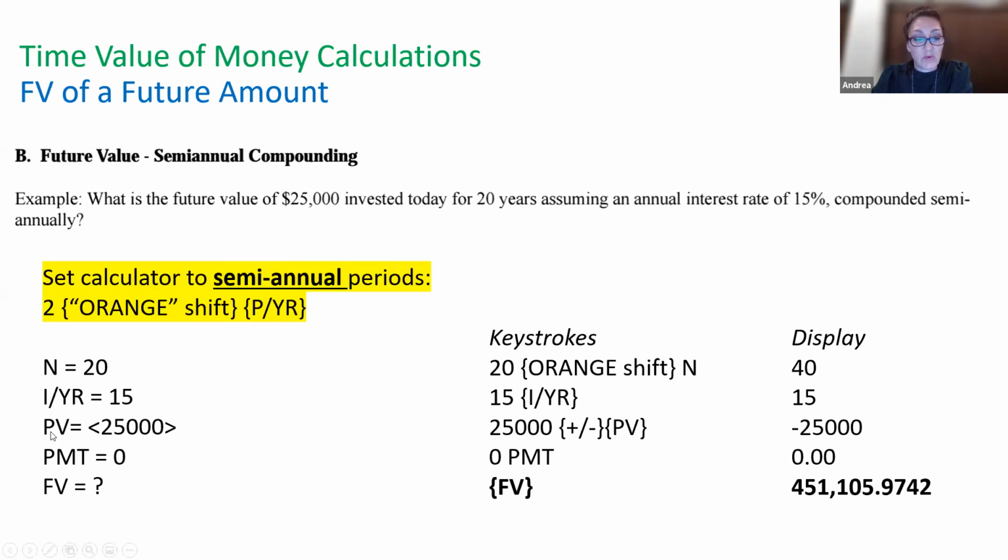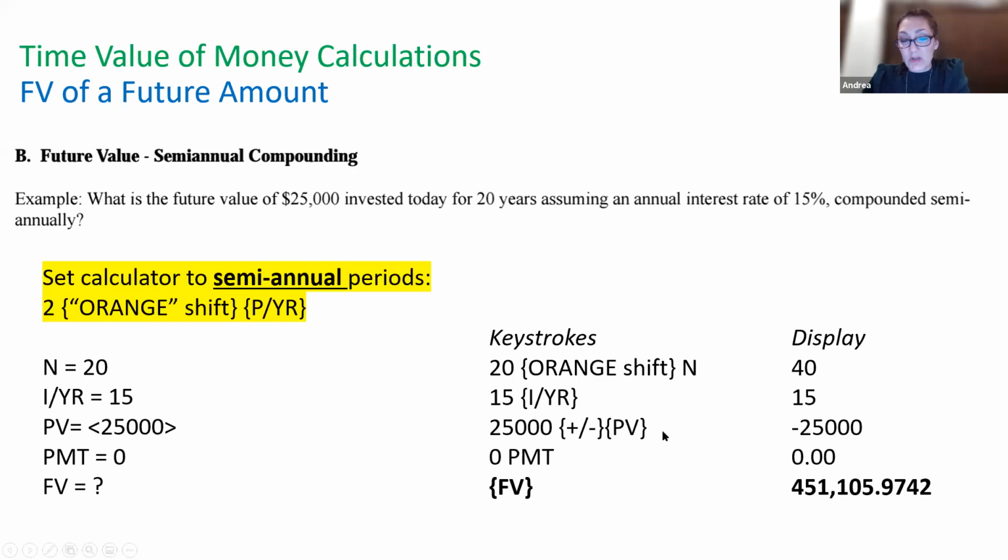Our present value is $25,000, and we want to know what the future value is going to be. So your keystrokes are 20 for the 20 years, your orange shift button, you hit N and it will display 40. The interest rate is 15, so hit your I/YR, and the display shows 15.